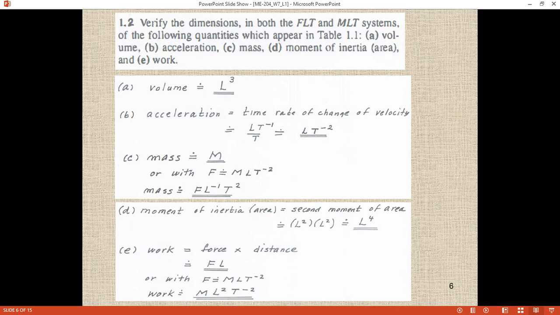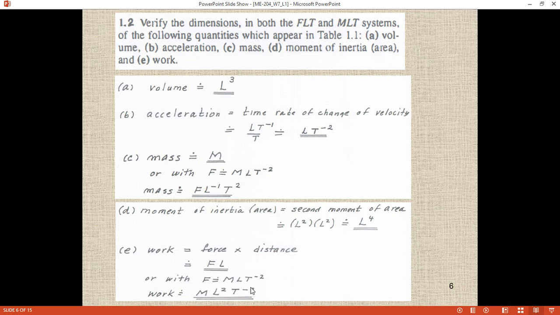So the force in the form of mass is MLT minus 2. So we replace this F with MLT minus 2 multiplied by L. When we multiply with L, this L and L become L square and T minus 2. So that will be equal to ML square T minus 2.